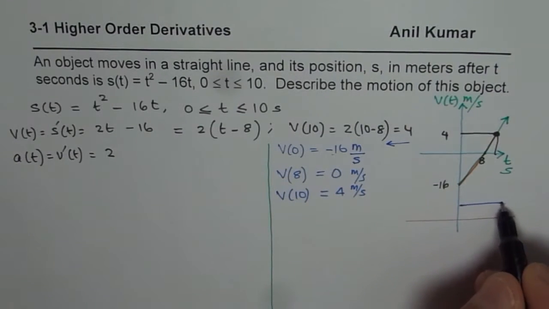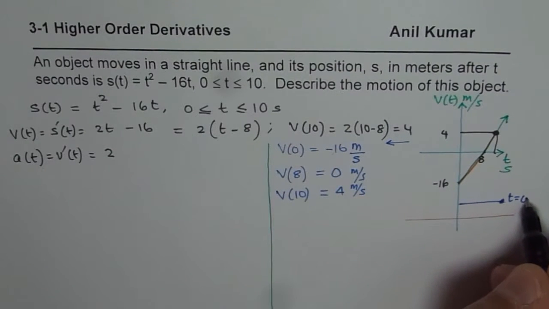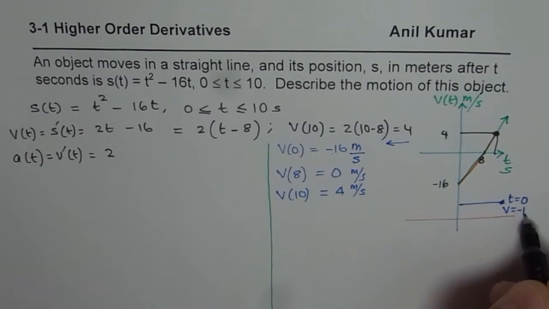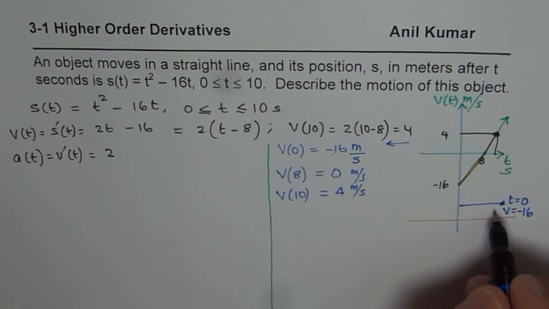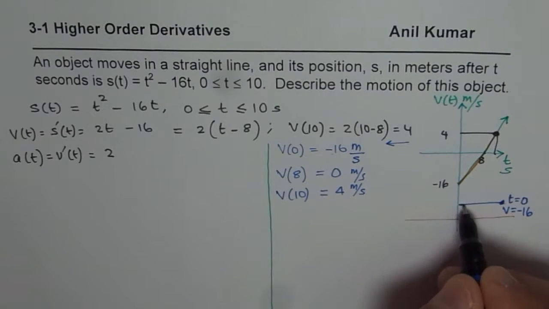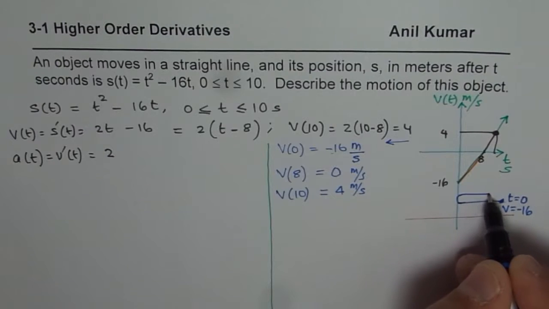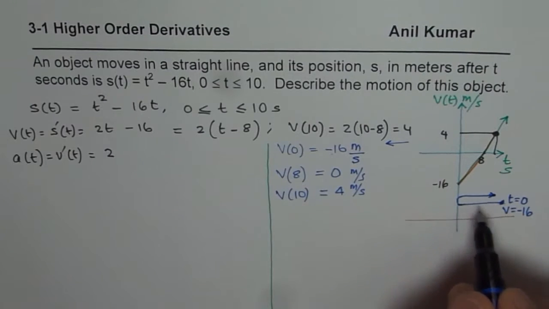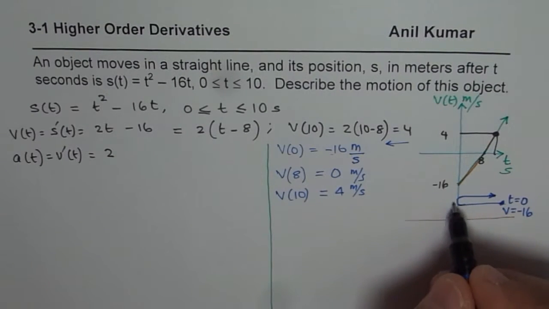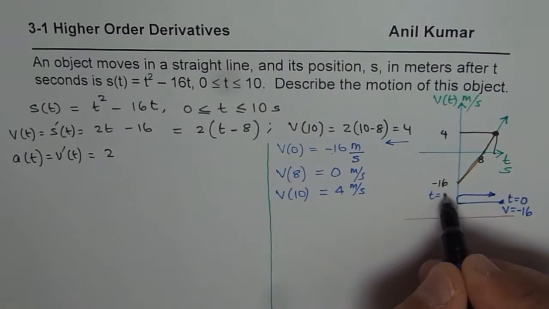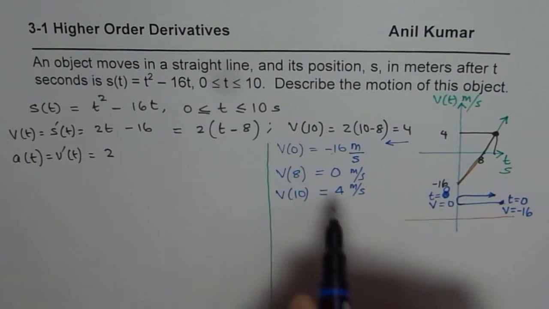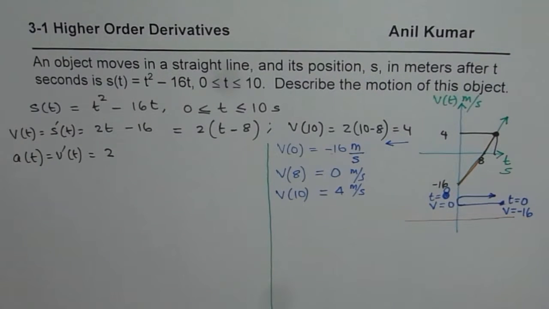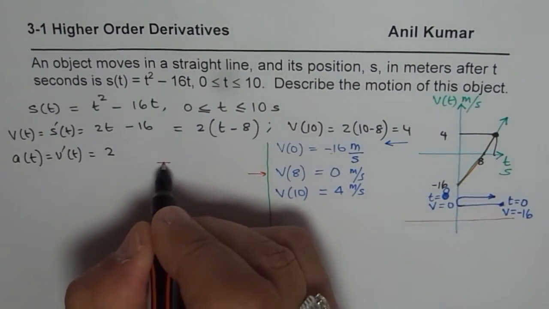This is the initial position, and at this position t equals 0, v equals minus 16 meters per second, and for 8 seconds it moves here, and there it turns and then moves back in the positive direction. So that is the movement which we have. This turning point is at t equals 8, when velocity is 0. Velocity being 0 really means it is the turning point.